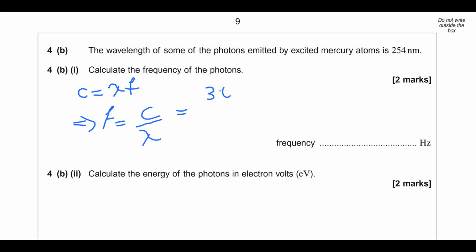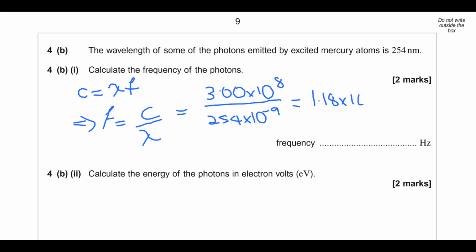So 3.00 times 10 to the 8 divided by 254 times 10 to the minus 9. Calculate that, and it gives us 1.2 times 10 to the 15. Actually, we can give that to three significant figures because both numbers are: 1.18 times 10 to the 15 hertz. That's your frequency there.